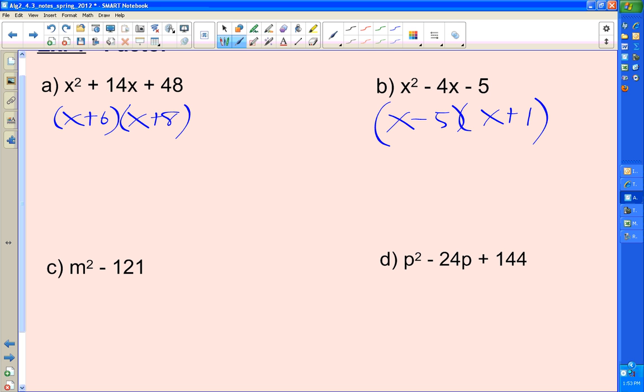So that's B. Cole, you got 2 to choose from. C is m plus 11. That's a difference of 2 squares. Step number 2. M plus 11 times m minus 11.